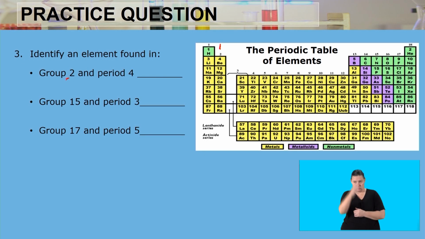So group 2 is all these elements here from the beryllium family. And then period 4, it is going across. We have 1, 2, 3, 4. So the element in question that they're looking for is going to be calcium, because that's the only element that is found in group 2 and period 4.